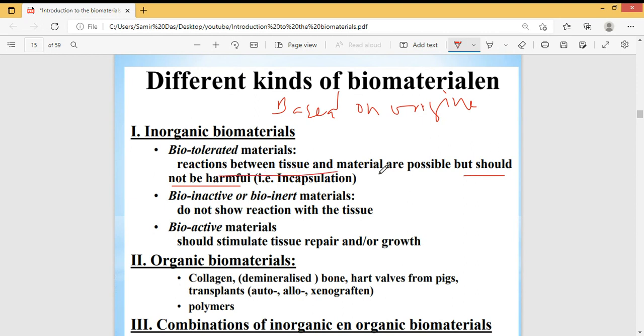Reaction between the tissue and the materials is possible, but they are not harmful, so no kind of toxicity effect will take place.